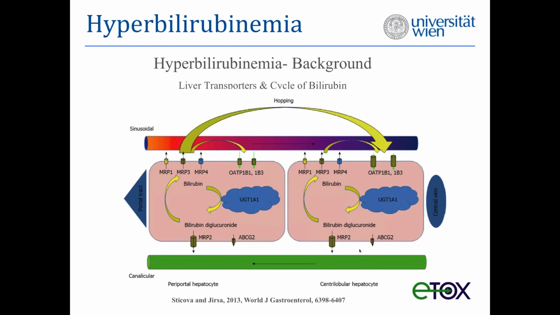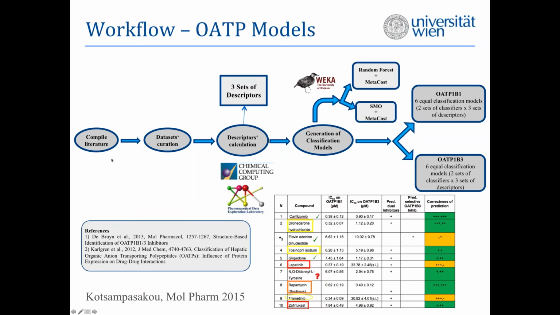Here you just see background of hyperbilirubinemia. A lot of transporters are involved in bilirubin level. We focused on OATP1B1 and OATP1B3. So what we did first is making OATP1B1 and OATP1B3 inhibitor prediction models, using different sets of descriptors and different classification algorithms, finally having a suite of models for both transporters, where, when we do predictions, we use a type of consensus voting.